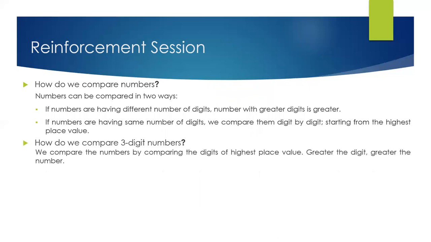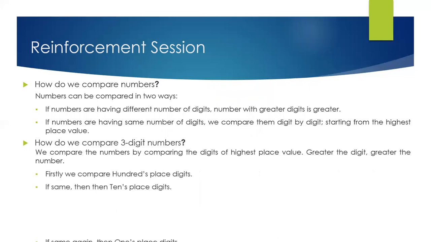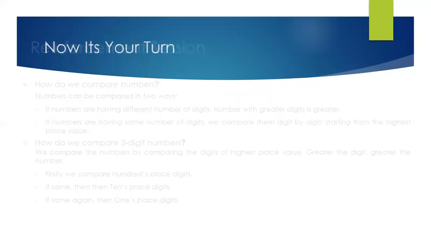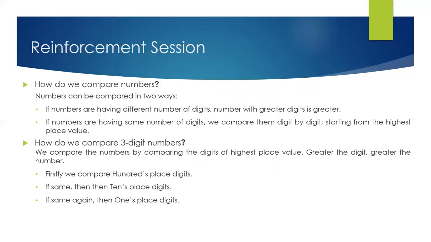So how do we compare three-digit numbers? We start from the highest place value. Firstly, we compare hundreds, then tens, and then ones. And wherever we find some different digit, we compare those digits, and likewise we compare those numbers.